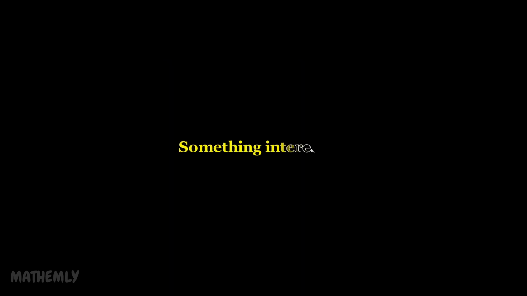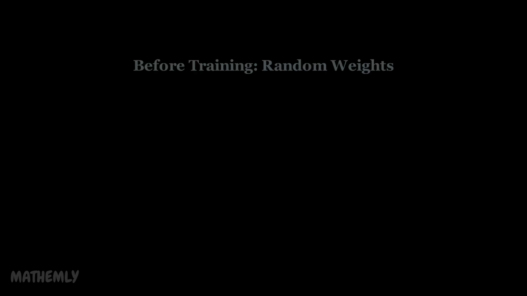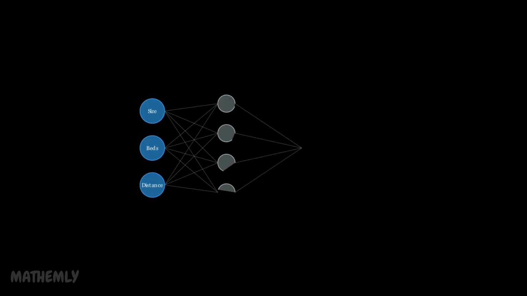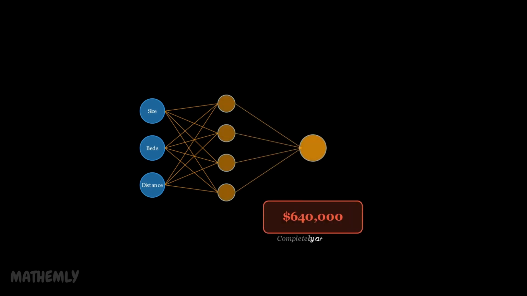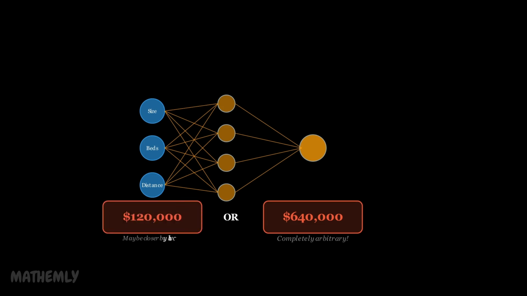Here is the interesting part. Before training, all the weights and biases in the network are random. That means the very first time we feed in our house data, the prediction it gives, maybe $640,000 or $120,000, is completely arbitrary. This first result is what we call the network's first guess.